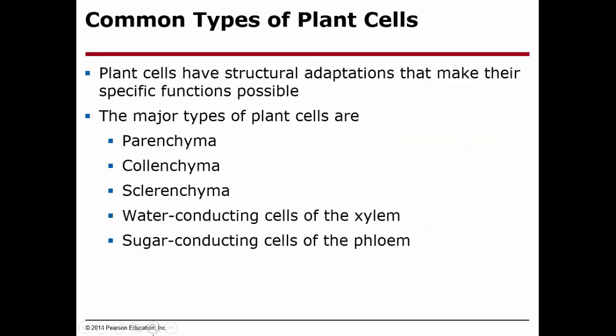Within all of the major tissue types, we also have some specific types of plant cells with important functions. They include parenchyma, collenchyma, sclerenchyma, water-conducting cells found within xylem, and sugar-conducting cells, which are always found within phloem.